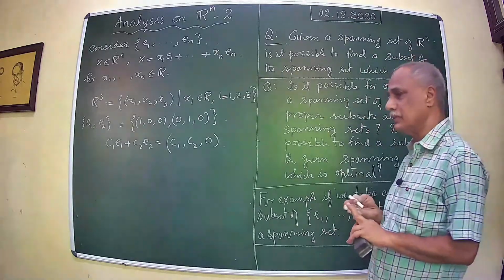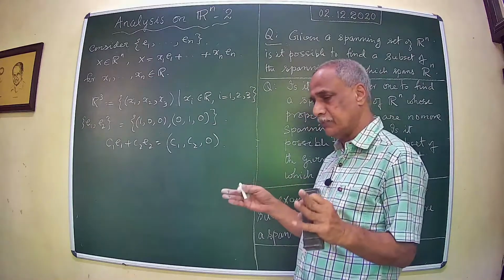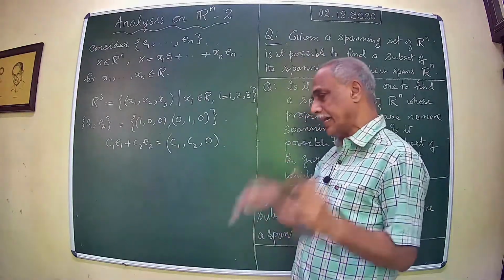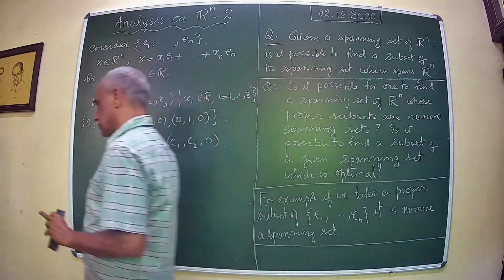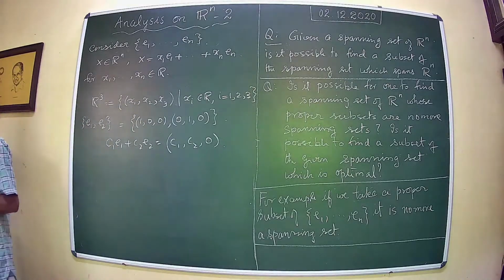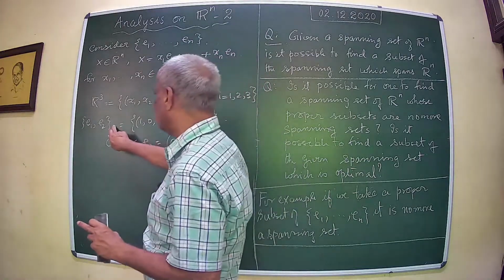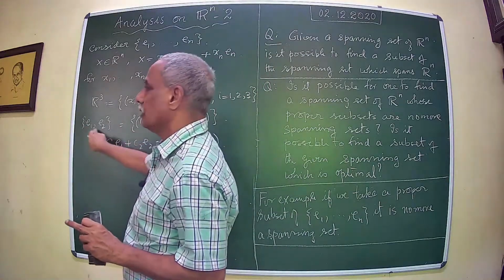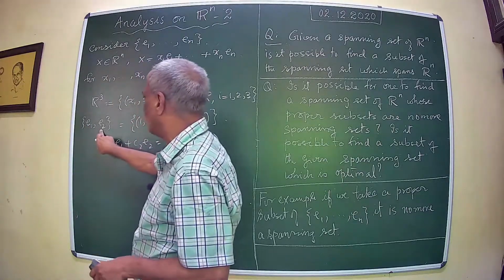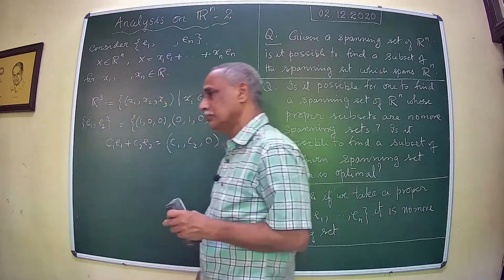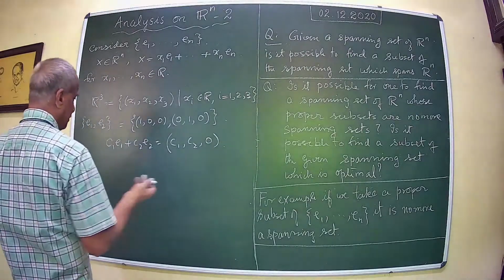A set is linearly independent provided one of them cannot be written as a linear combination of the others. So that's the property. The problem here is that when you drop E3, E3 cannot be obtained as a linear combination of E1 and E2. Or E2 cannot be written as a linear combination of the rest.